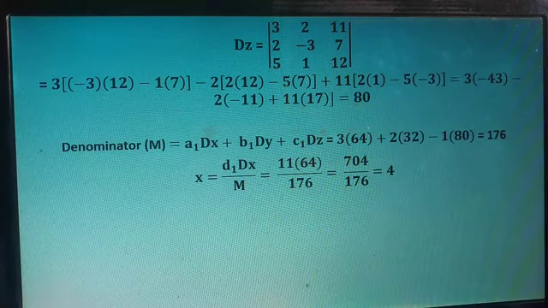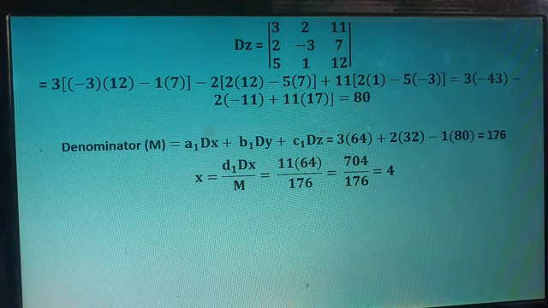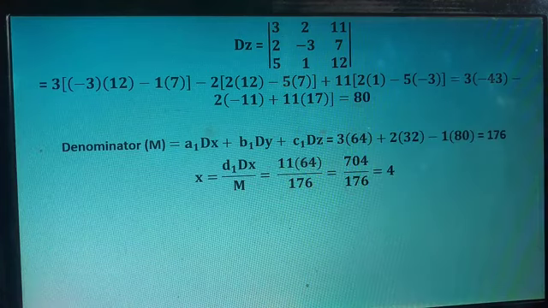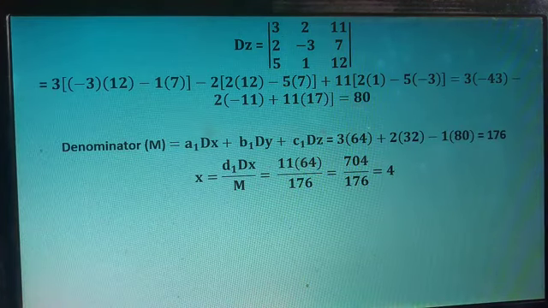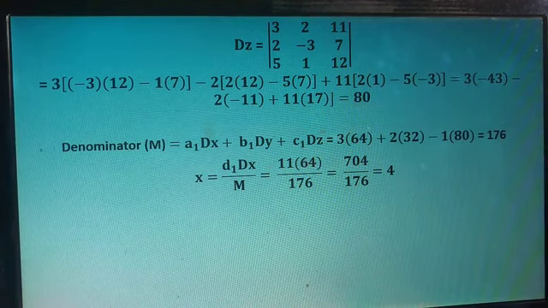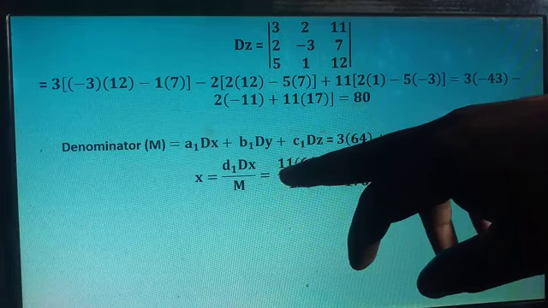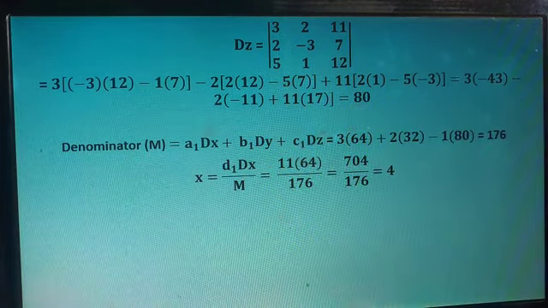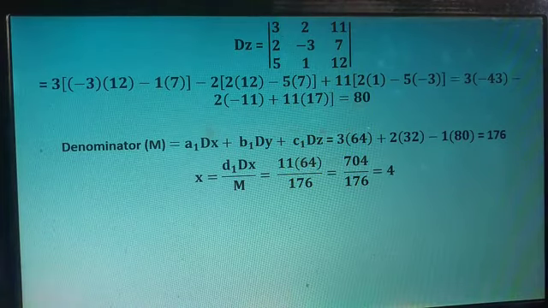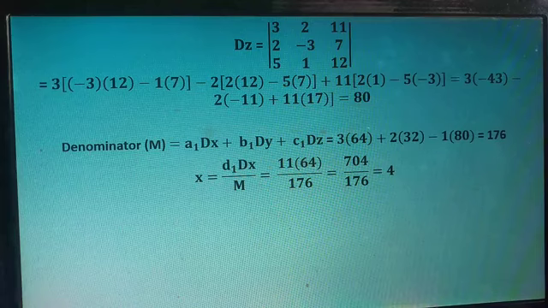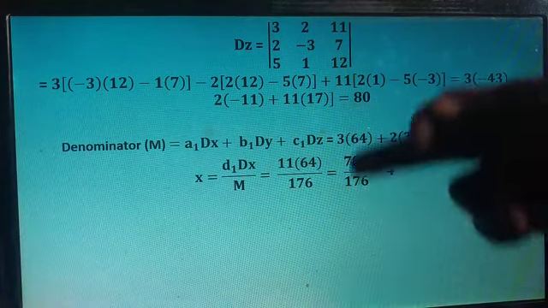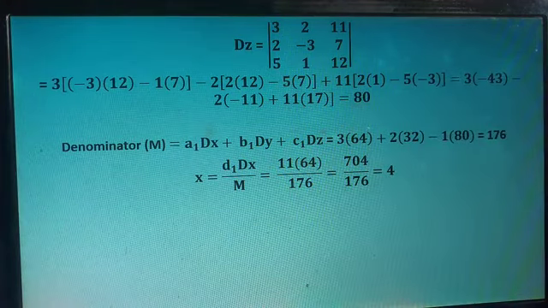In this case, it is the determinant of x. So from the first equation, our d1, the constant, is 11. We are multiplying it with the determinant of x. Then we divide by the denominator, which is 176. When we multiply 11 by 64, we have 704 divided by 176. That gives us 4.